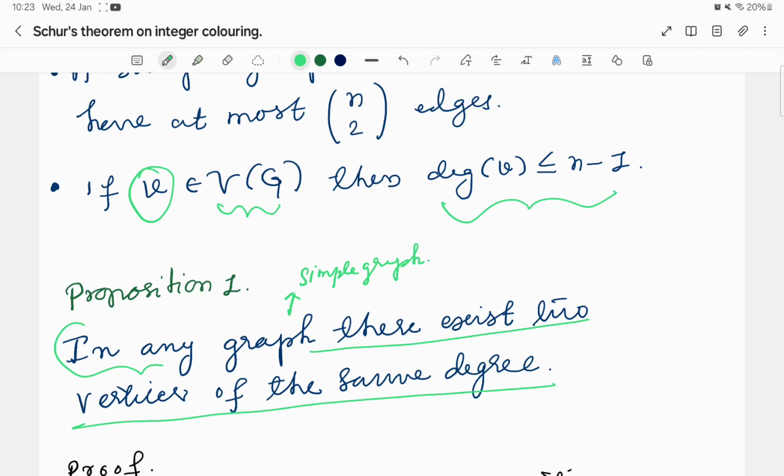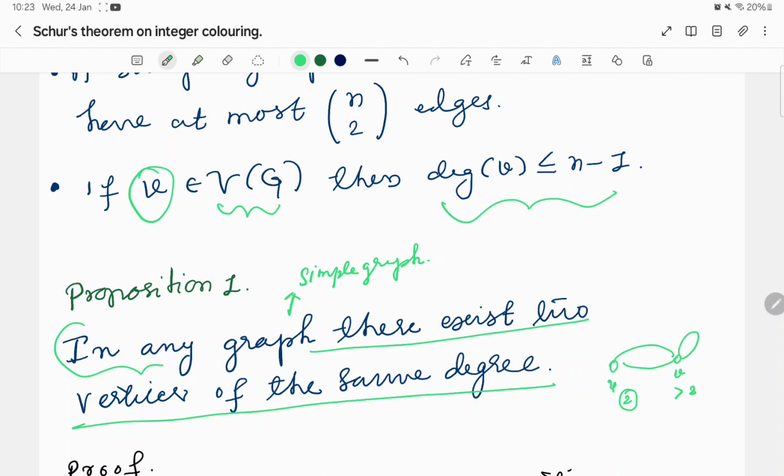This may not be true for multi-edges or loops. Let me just try here. Say u and v, and here there is a loop. The degree of u is 2, but the degree of v is of course greater than 2, because there is already a loop.